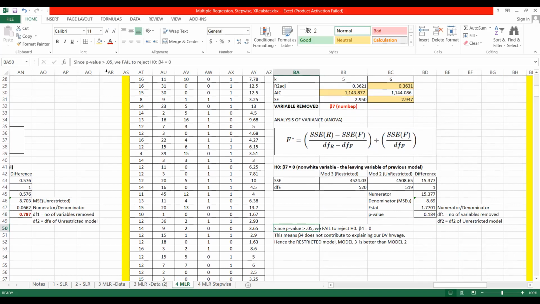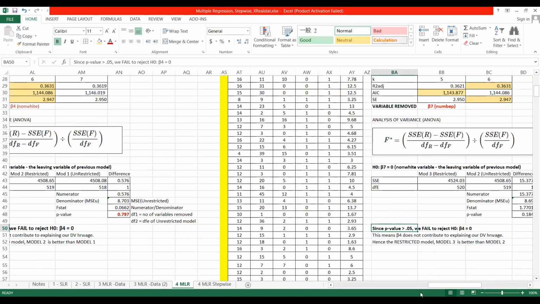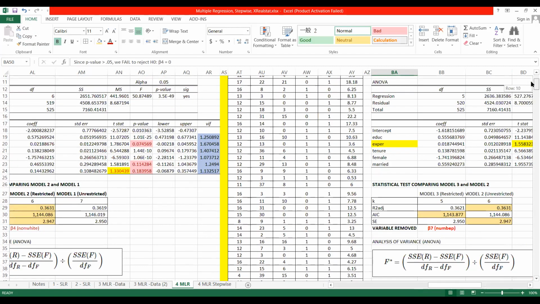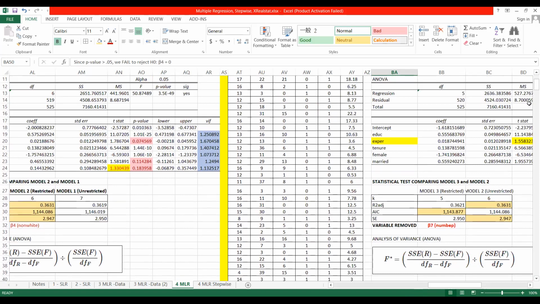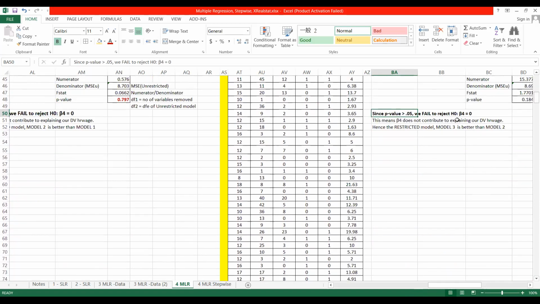So, again, since p-value is greater than 0.05, hindi natin marireject yung null hypothesis natin na, okay, ano na ba yung tinanggal natin dito? Ang tinanggal natin is, what was removed? Number of dependents, no? So that's B7. Sorry, B7 to.